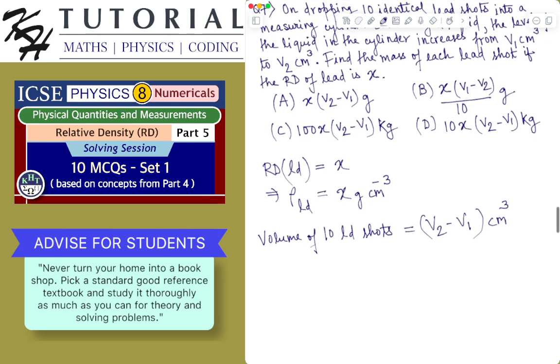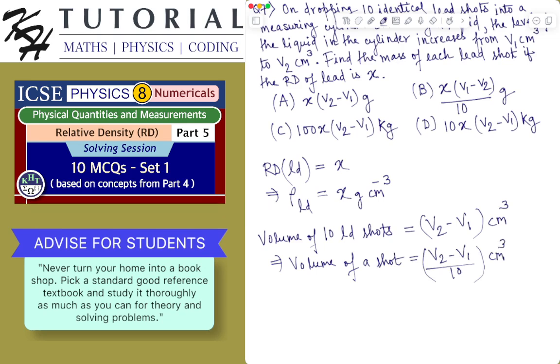Since all the individual shots have equal volume, I can say that the volume of a single shot is equal to V2 minus V1 divided by 10 centimeter cube.